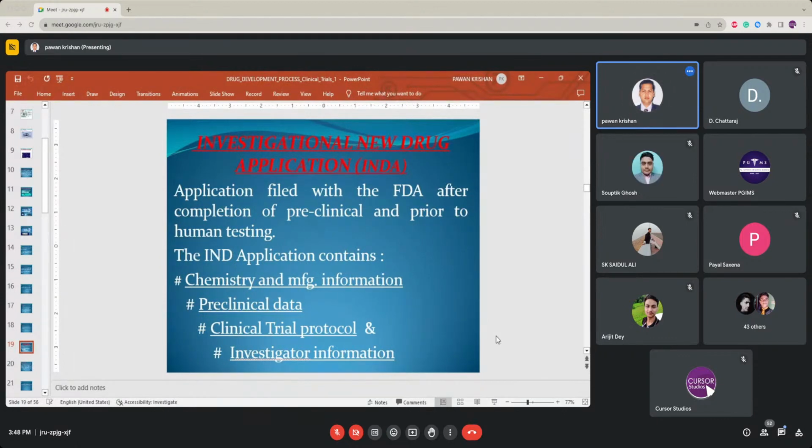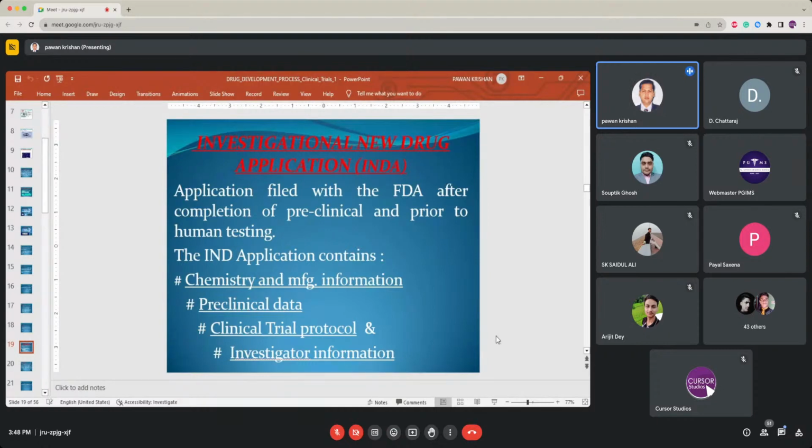Then, of course, preclinical studies information, as we discussed earlier, all that information which has been collected during the preclinical studies. Now, it appears like a very simple thing, but when we compile this information, how much data this becomes. The IND application is a huge volume of documents, more than one room of documents, one full room of documents, or one truckload we can call it.